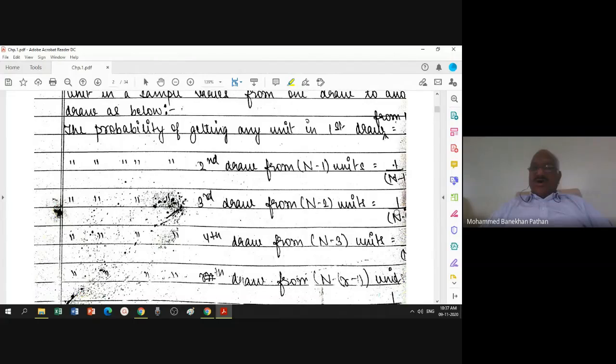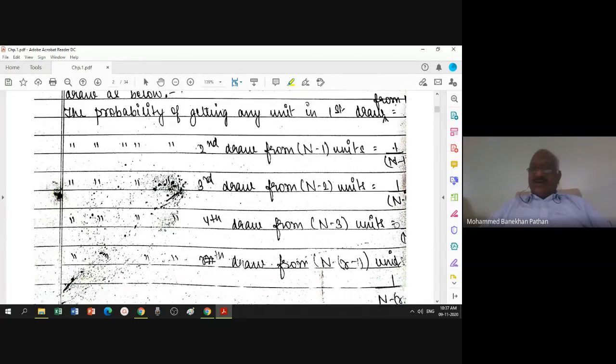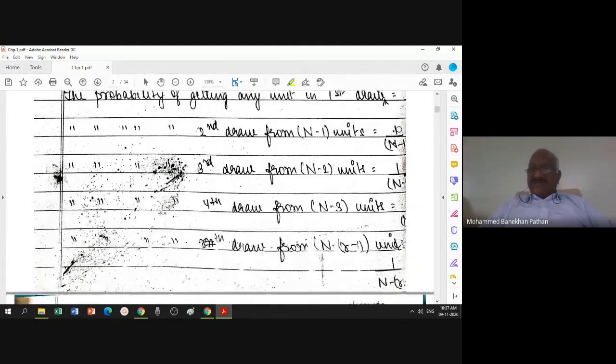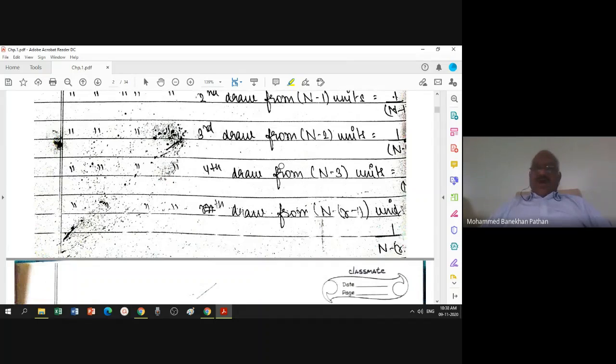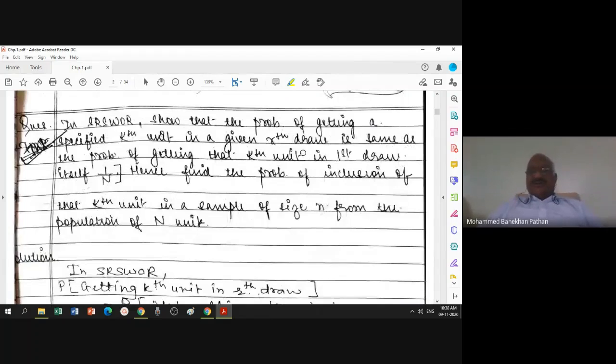Third draw, 1 upon N minus 2, and so on. So the chance gets increased as draws are increasing. Firstly 1 by N. For the second draw 1 by N minus 1. When the denominator is reduced, the total quantity increases. So the chance increases as draws increase. Now we have a very important question on this topic.